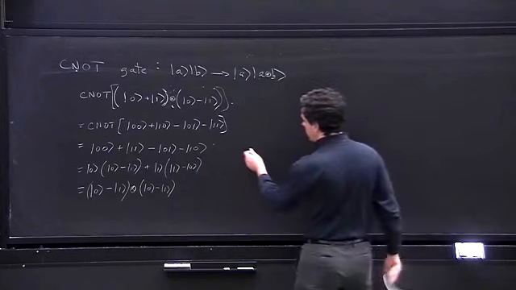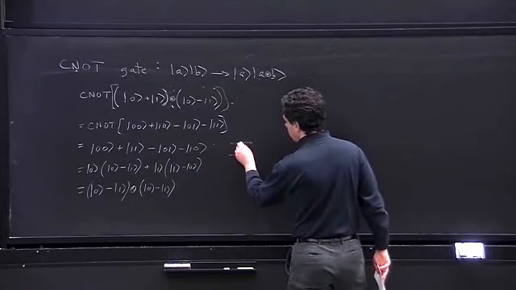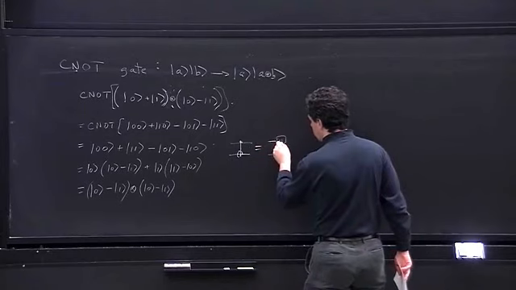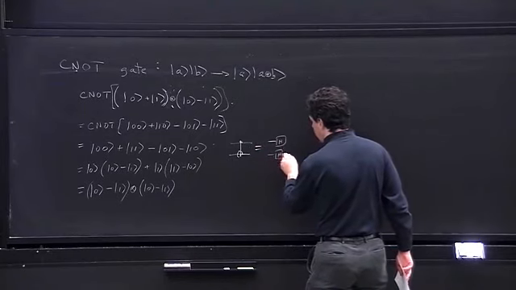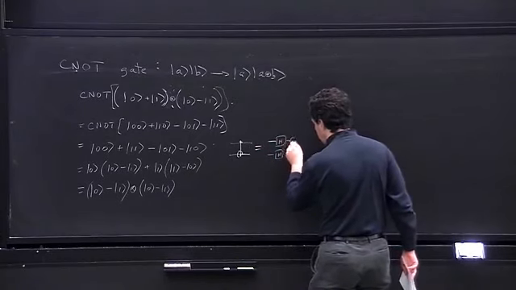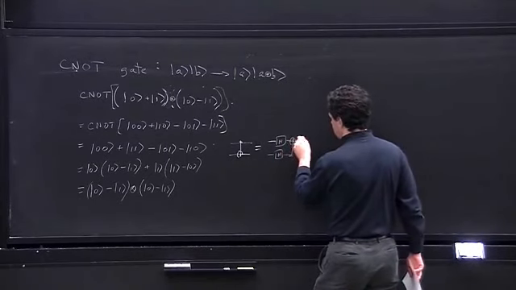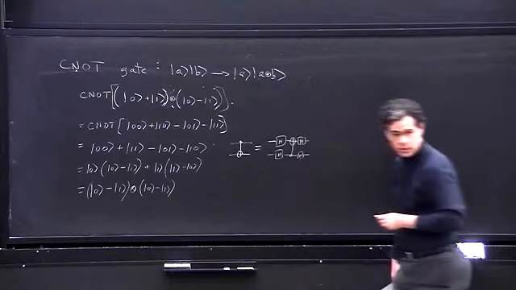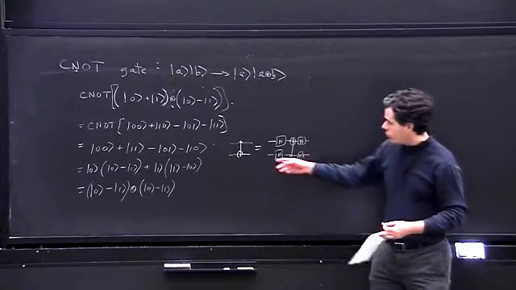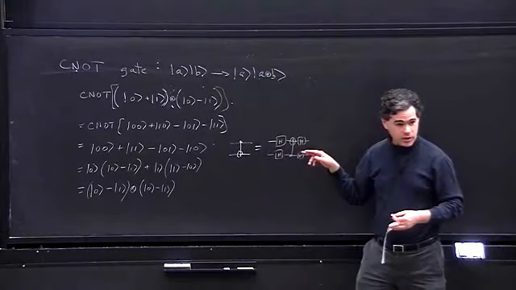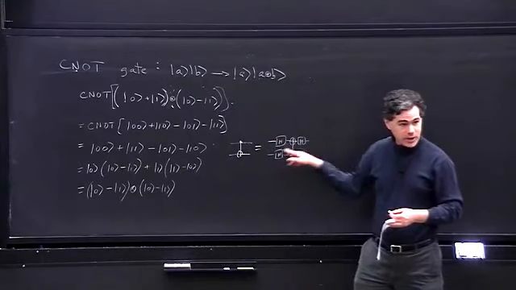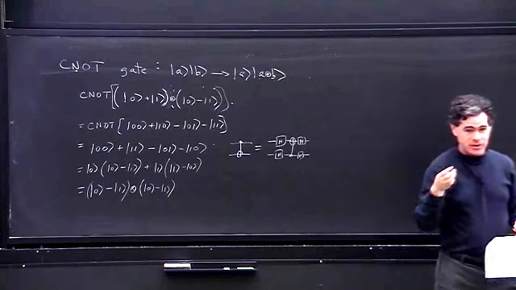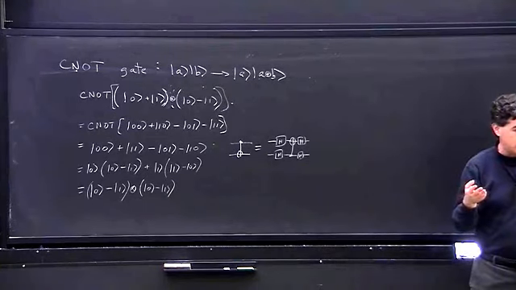There's actually a circuit identity: the C0 gate is equal to this circuit, where you do Hadamards, and then you do a C0 in the opposite direction, and then you do Hadamards again. So the direction of the C0, whether it's from first qubit to second qubit or from second qubit to first qubit, is kind of a subjective thing. It depends on what basis you're looking at.